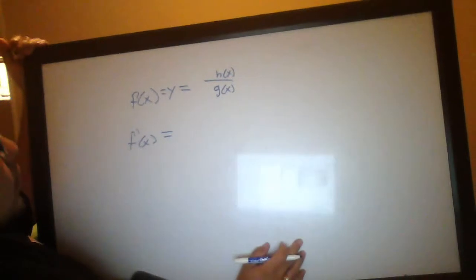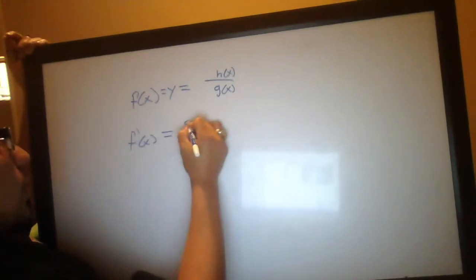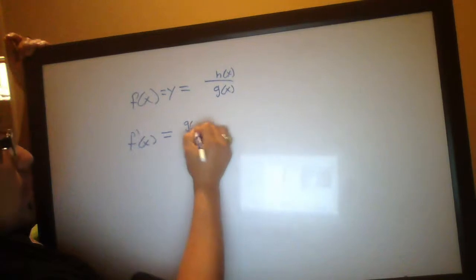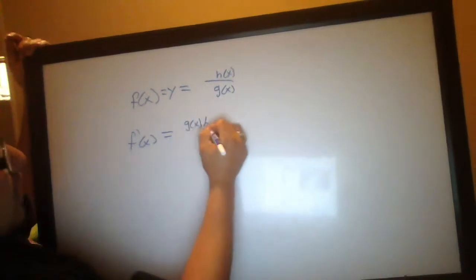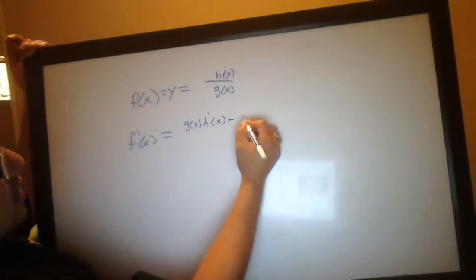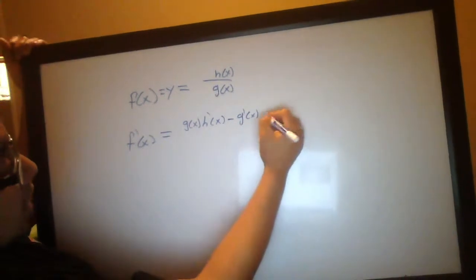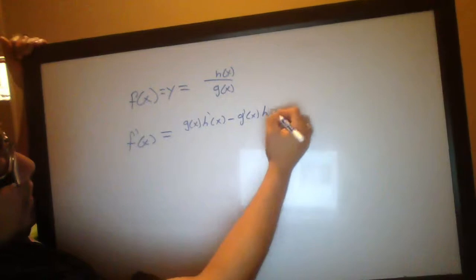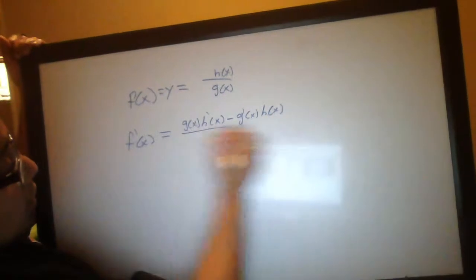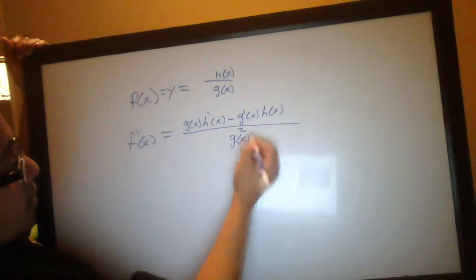So it would be g of x times h prime of x minus g prime of x times h of x, all over g of x squared.